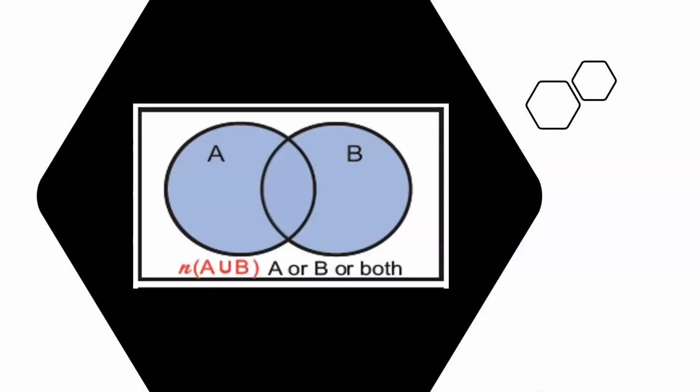If we move on to this one, this is the union between A and B. So everything in A is highlighted, everything in B is highlighted, everything in the intersection's highlighted. But anything that's not within the union of A and B, so inside the rectangle but not within that union of A and B, is not highlighted.